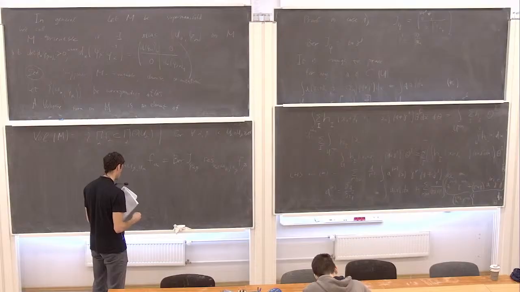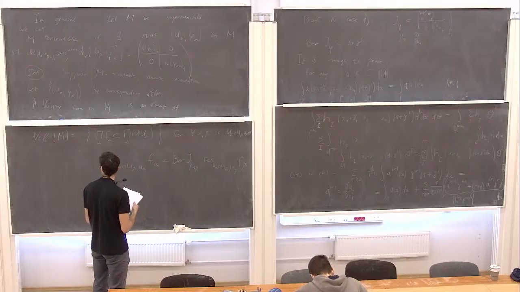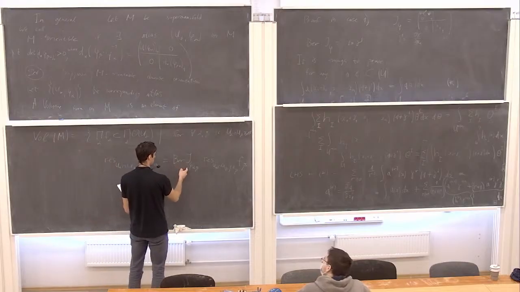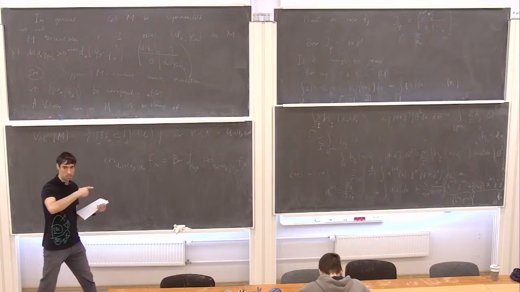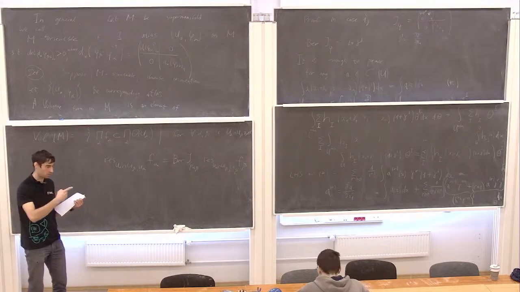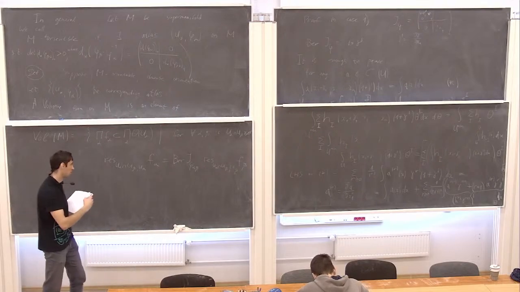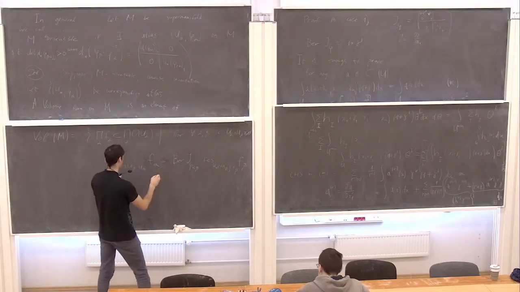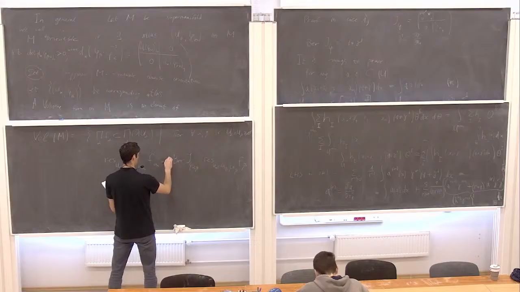Also, maybe I have to pull this Berezinian back. So far it's on the chart, right? Because this is a transition from chart to chart. So maybe I have to pull it back by phi alpha inverse or something like that.